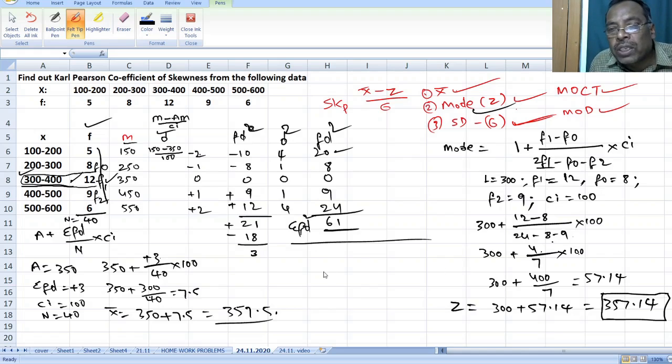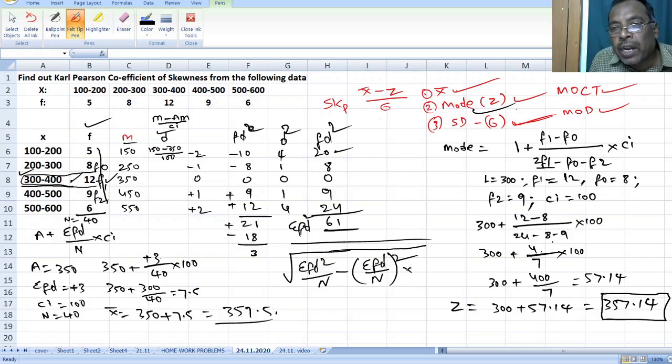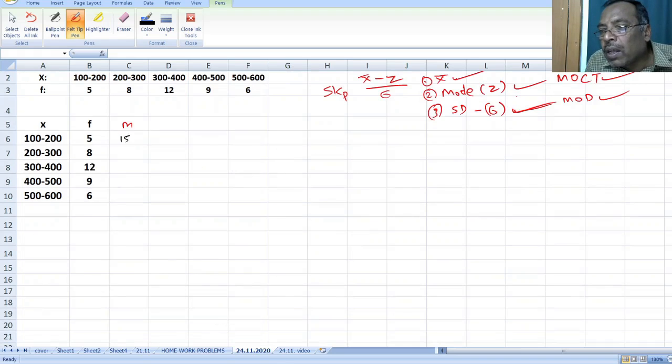Now we shall find the standard deviation. What is the formula to find the standard deviation, my dear students? The formula is the square root of summation FD square by n minus the bracket of summation FD by n whole square, into class interval. So this is the formula.